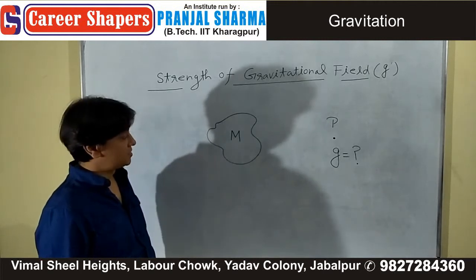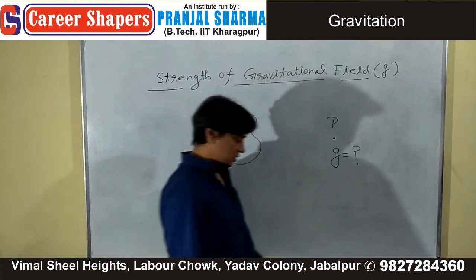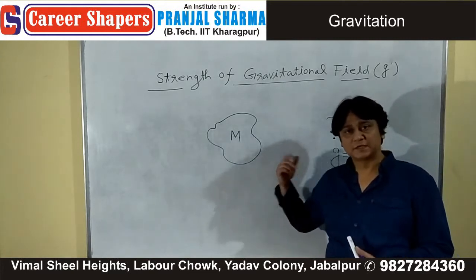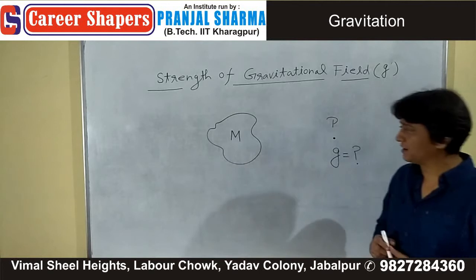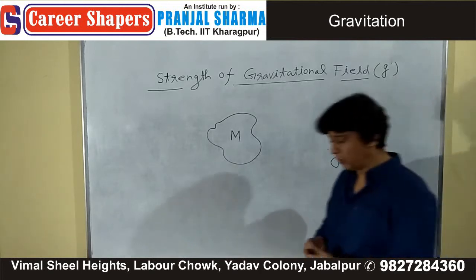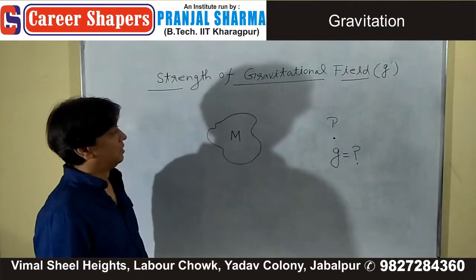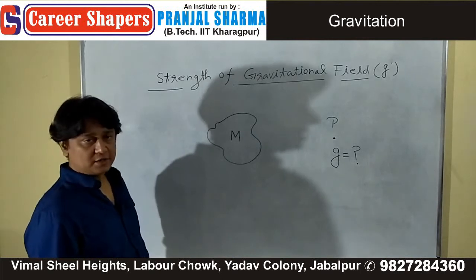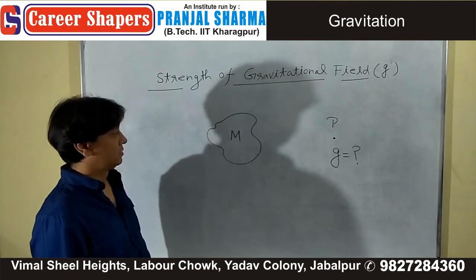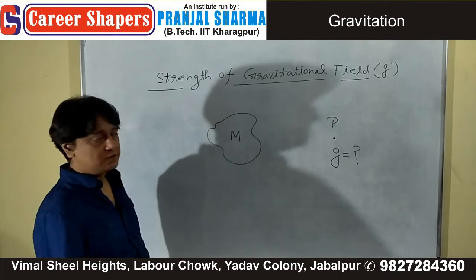Gravitational field is a vector quantity. Its direction is always towards the gravitational force. And its unit is Newton per kg or meters per second square.